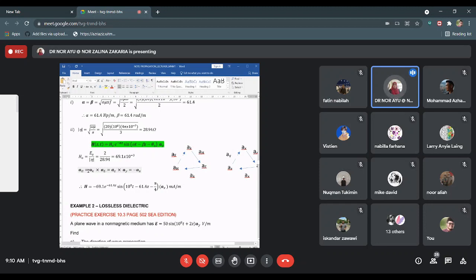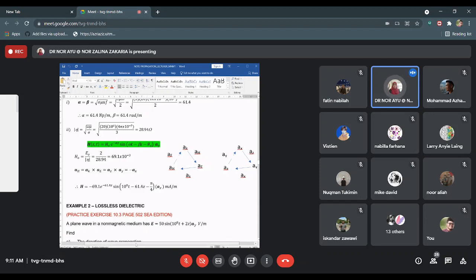You know that the direction of wave propagation for AK is AZ, so we just put AZ here. This AZ is crossed with AE, and the direction of AE is AY. So the direction of the wave is AZ and the direction of the electric field is AY.